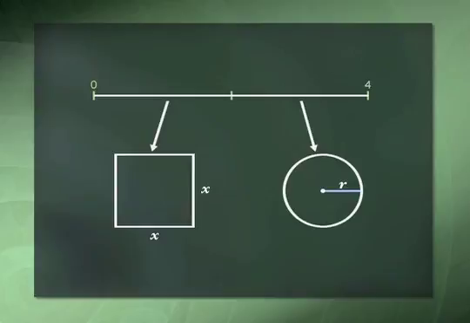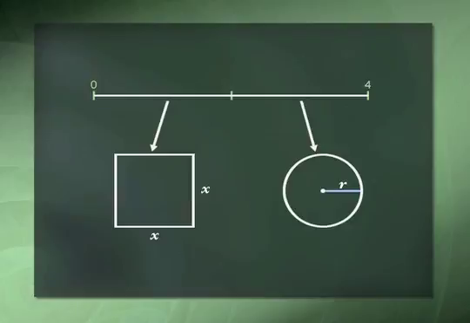So I hope you can imagine that one piece of the wire is wrapped around to form that circle of radius r, and the other piece is bent to form the square of side x. Okay, so we have the situation. We have two unknowns. Let's now do some work.